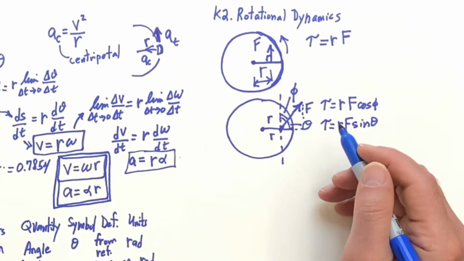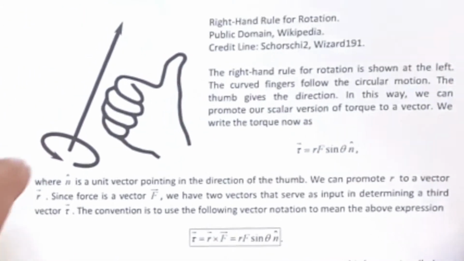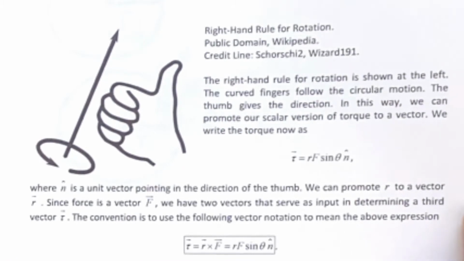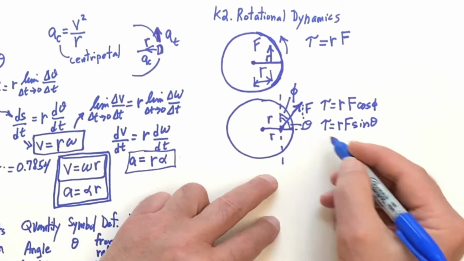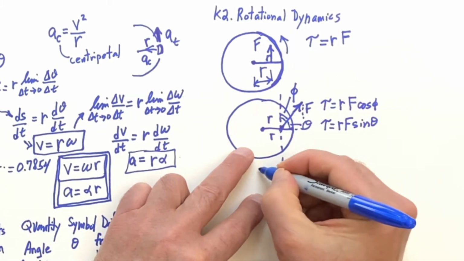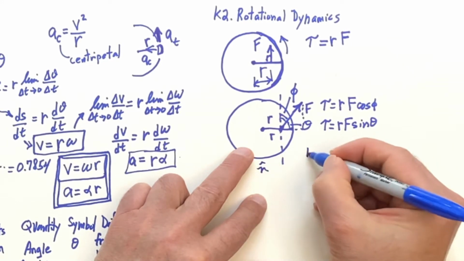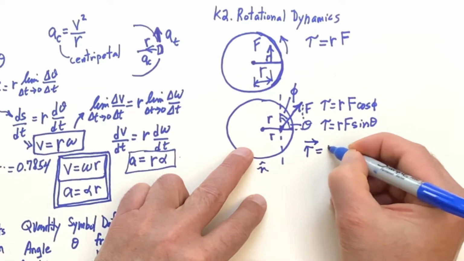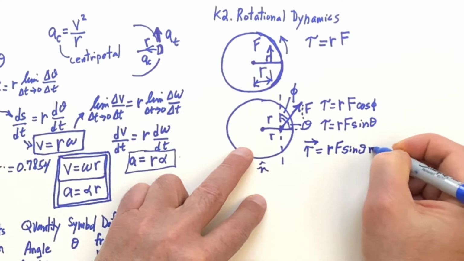This is called the right hand rule, and in our text we have this picture to remind you of what I just did. So let's call that direction up out of the page by a unit vector n hat. Then we can assign a vector to the torque, R times F, sine of theta with the n hat.